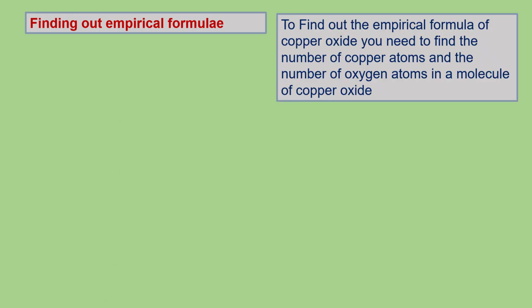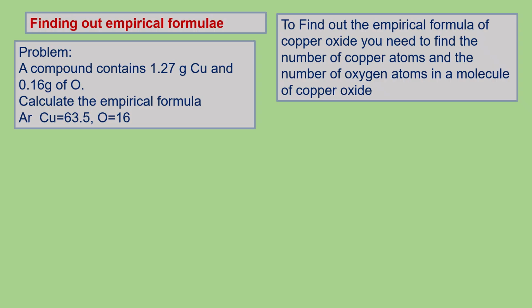Finding out empirical formulae. How do we find out empirical formulae? To find out the empirical formula of copper oxide, you need to find the number of copper atoms and the number of oxygen atoms in a molecule of copper oxide. How do we do that?